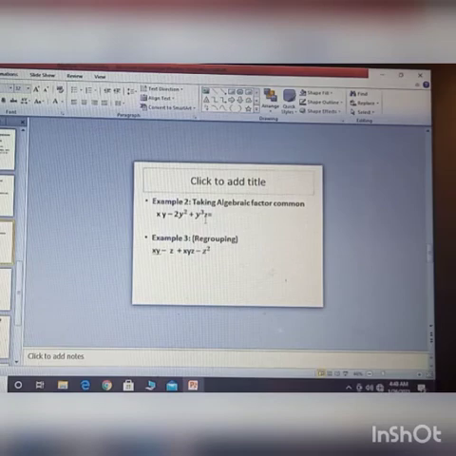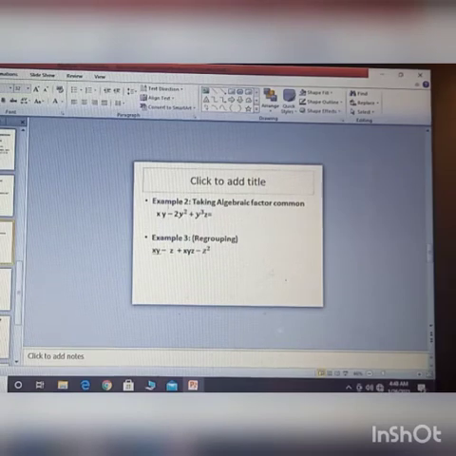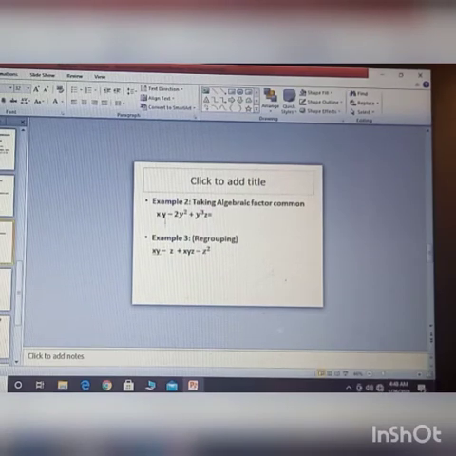If you notice, when there is no power on y, it means there is a power 1 there. x power 1, y power 1. If you see the common elements, y power 1 is present in this one, y power 2 is here and y cube.